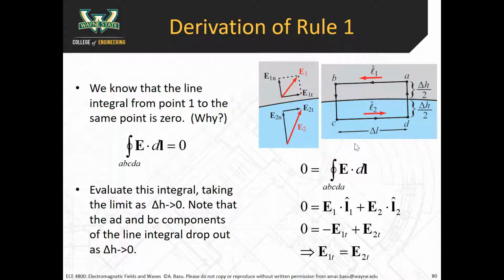So again, we are taking the integral going around this contour, but we're making the sides of the contour, this height delta H, go to 0. So essentially you just have this part here and this part here, and these two sides become insignificant. When you do that, this line integral becomes E1 dot L1 plus E2 dot L2.